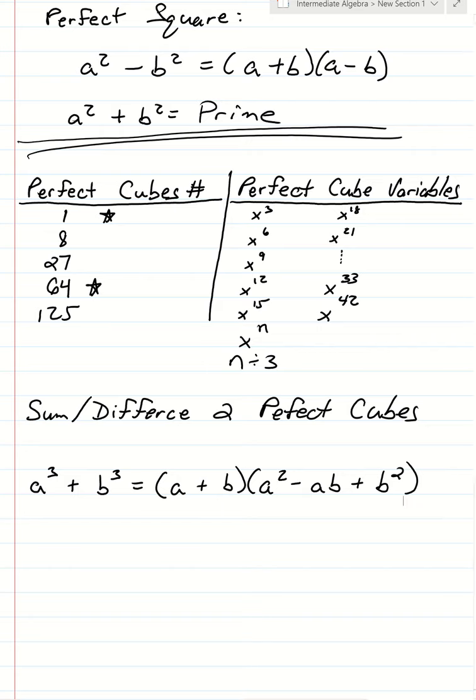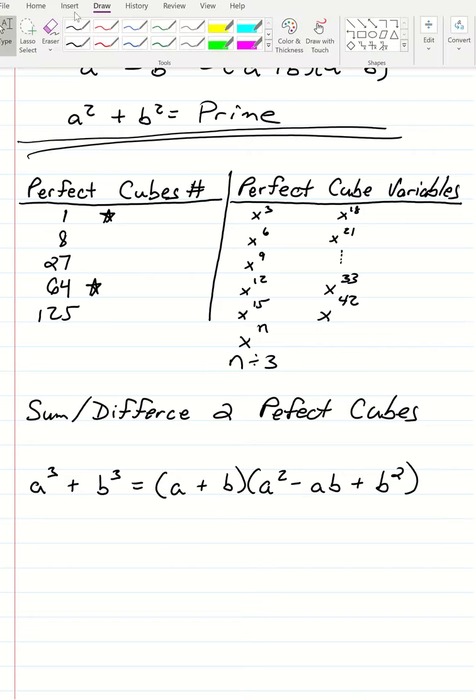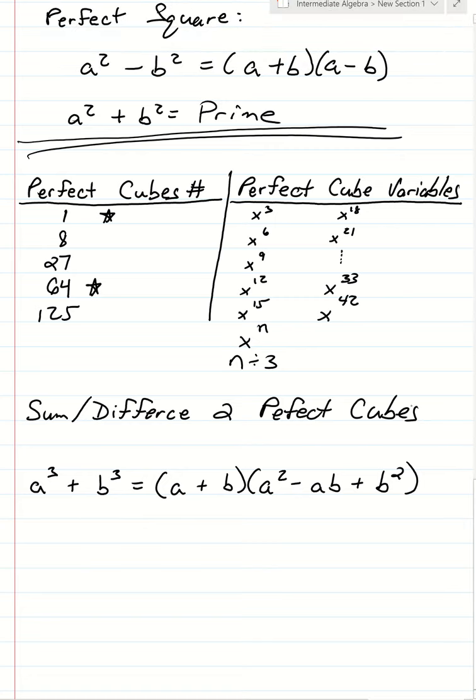Now, when it comes to the difference, there is a similar formula. If you have a cubed minus b cubed, that's going to equal a minus b times a squared plus ab plus b squared.